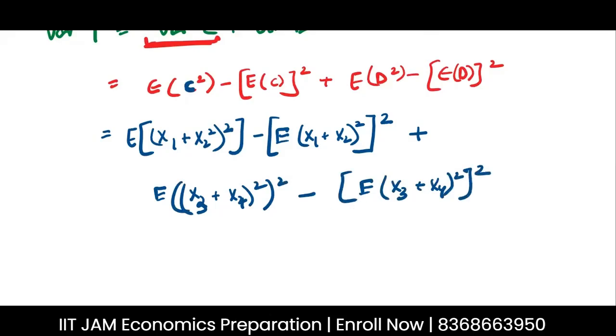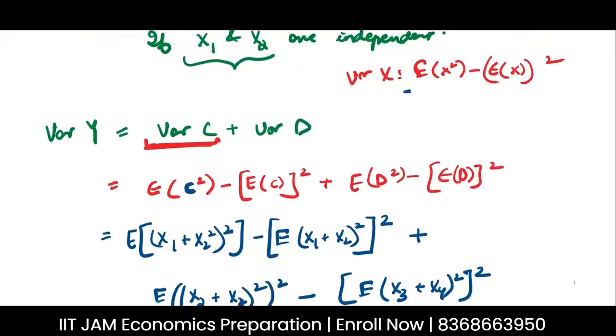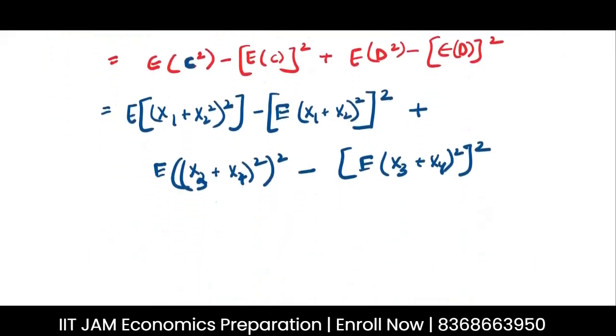Is this making sense? I'm just using the formula that it's E of X square minus E of X whole square.